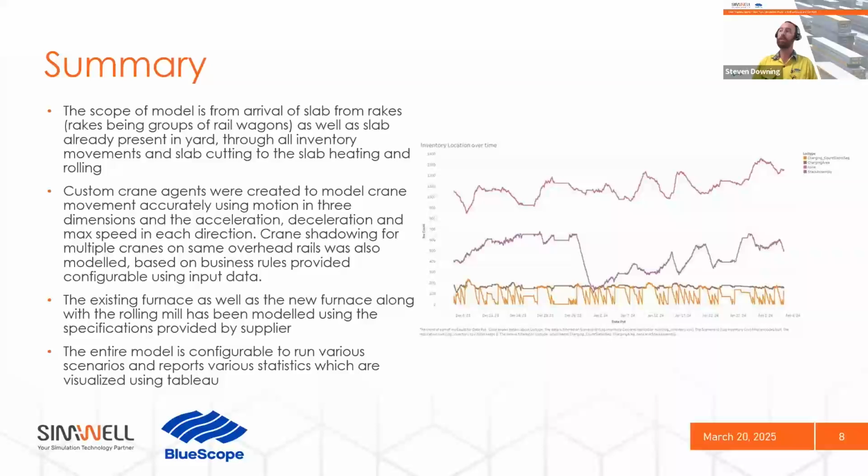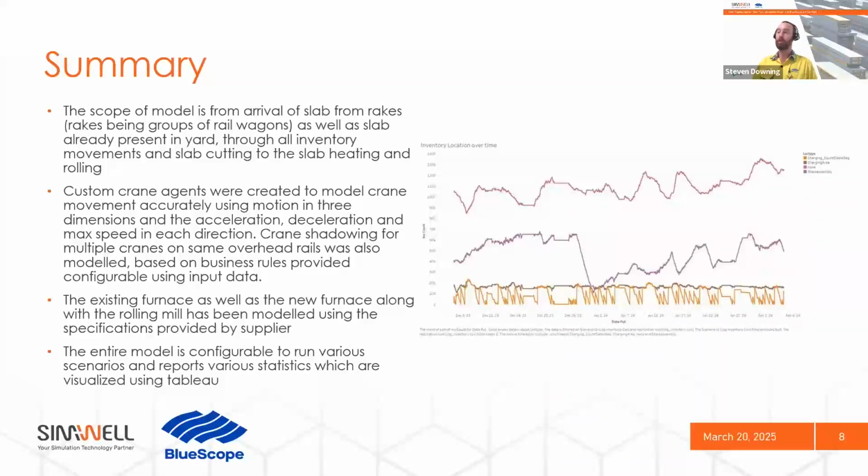The existing furnace, of course, was a good starting point, to have confidence that we have the existing furnace modeled correctly in the existing process, with outputs representative of what we see, before moving on to the new furnace and how that would change the whole dynamics of the system, particularly the impact of the real estate being consumed by the new furnace.